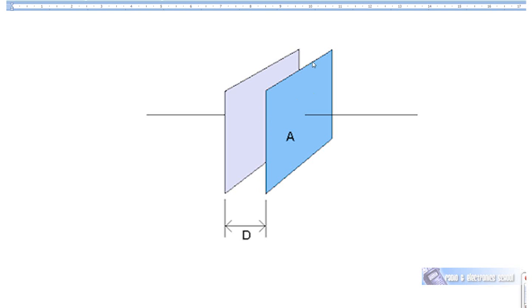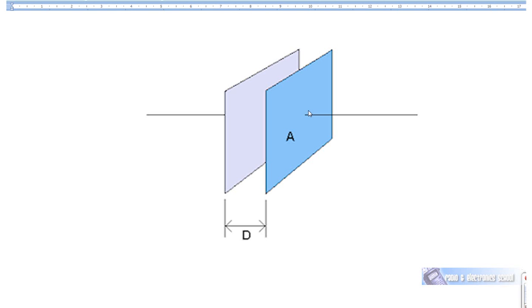If we were to use something other than air, suppose we used a material with a dielectric constant or permittivity of 10 in this capacitor, as opposed to 1 of air, then the capacitance of this capacitor would increase by 10 times.